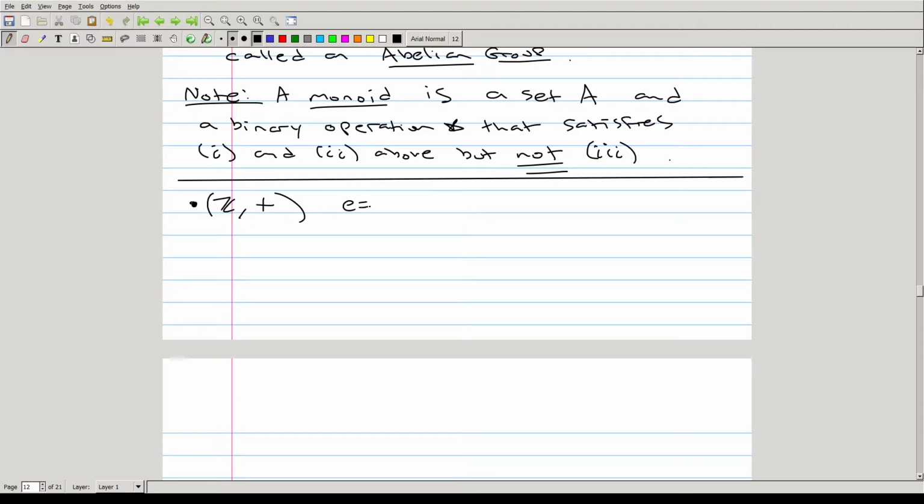The identity element e is just the integer 0, and for any integer a, the inverse is negative a, and so on and so forth.